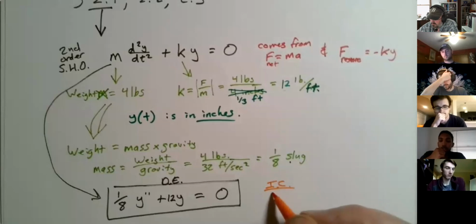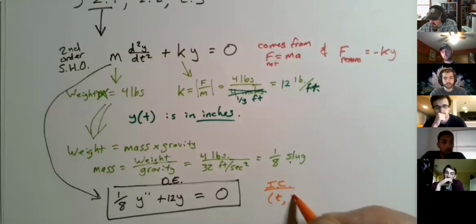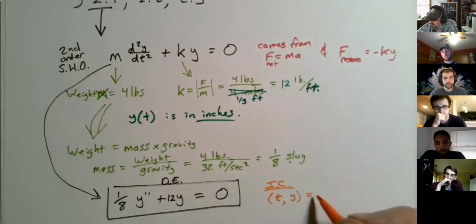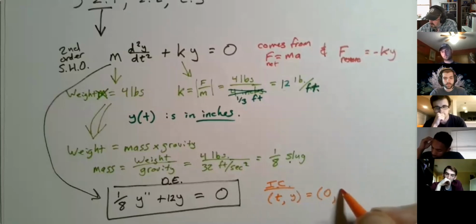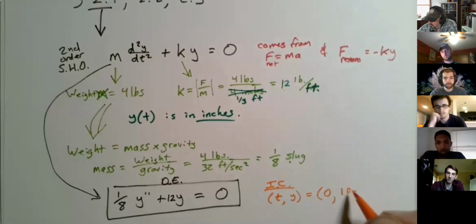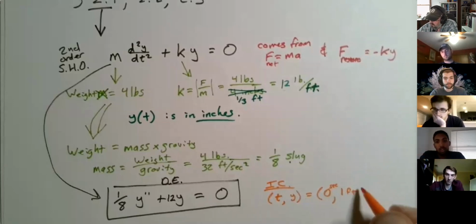So we've got some initial conditions to consider. One of them is a t and a y value. At 0 time, this thing is stretched 1 foot. So it says, yeah, 1 foot. So at 0 seconds, it's 1 foot.